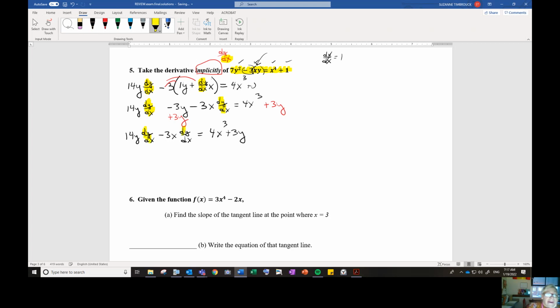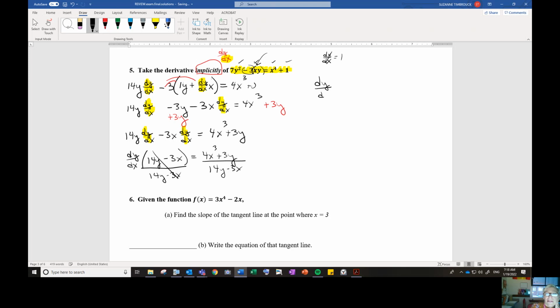I can now factor out dy dx. And when I do that and divide, I have 14y minus 3x in parentheses, 4x cubed plus 3y. And then my last step will be to divide by the factor of 14y minus 3x.